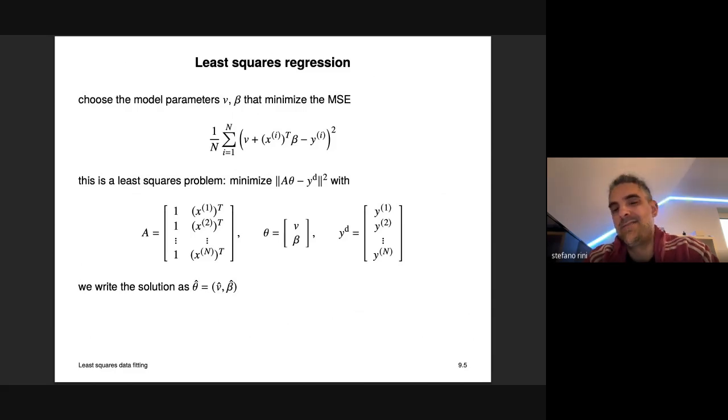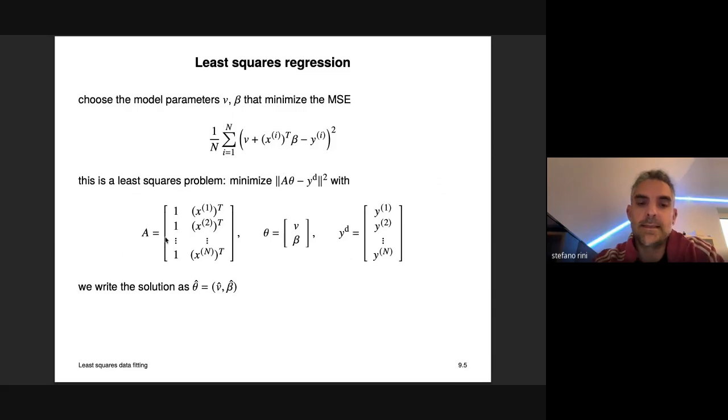It is very inconvenient to carry around this nu and this beta separately, right? Because to have a more compact matrix notation, we would just like to have an Ax equal to b. So how can we bring the nu inside? What we do is that we augment the data set by a constant feature, which is all equal to ones. This forms this matrix A that we have here.